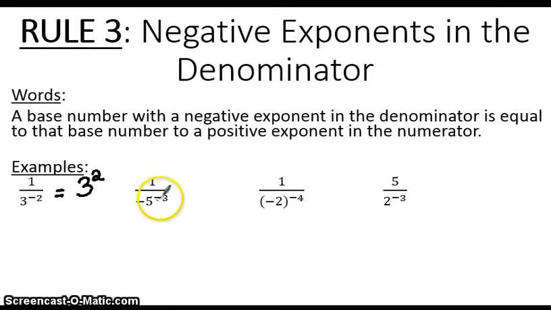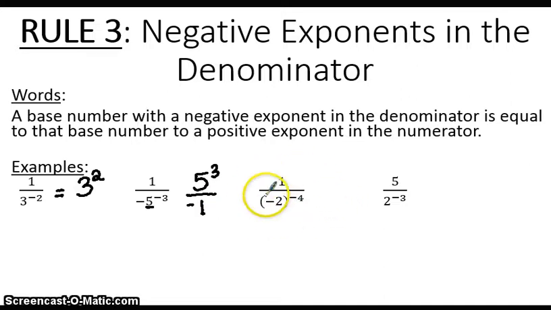We have 5 to the negative 3rd power, and if we want to change the exponent from negative to positive, we're going to have to move its base number, which is 5, to the numerator and make the exponent positive, so we get 5 to the 3rd power. Now, the negative will remain because it was not part of the base number, and we'll use a 1 to hold its value.